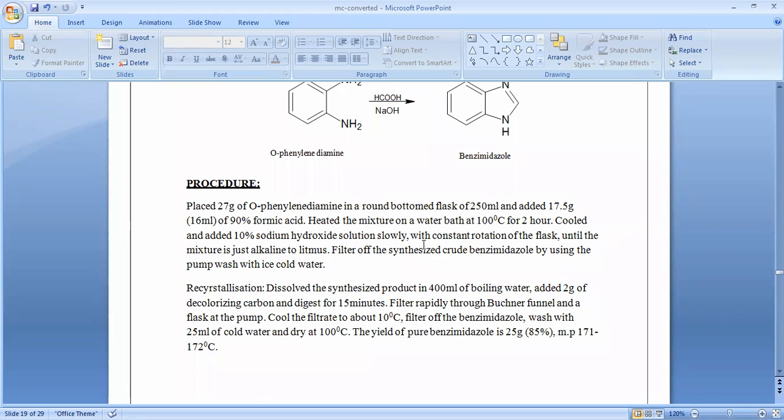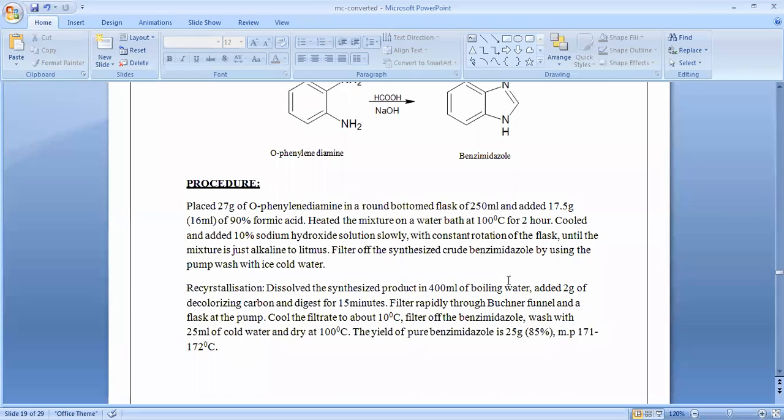As we have synthesized crude benzimidazole, we have to recrystallize the product for purification. For recrystallization, we dissolve the synthesized benzimidazole in 400 ml of boiling water.